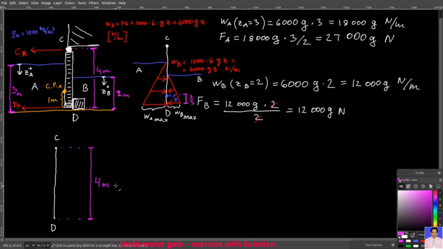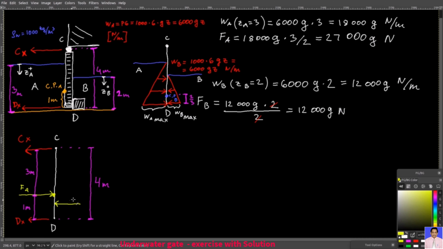This is Dx, this is Cx. This is force A that acts through this center of pressure. The distance here is 1 meter. That means that the distance here must be 3 meters because the total length is 4 meters.